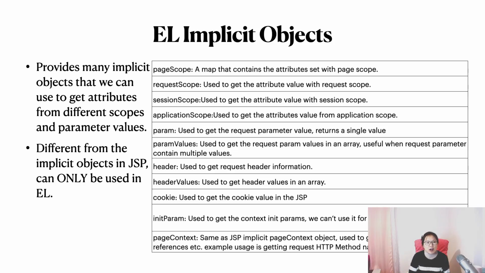And EL provides many implicit objects that we can use to get attributes from different scopes and the parameter values, okay? Like the first one is page scope. You can use this one to grab an attribute from the page scope.